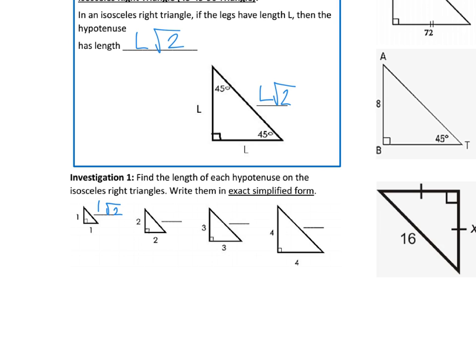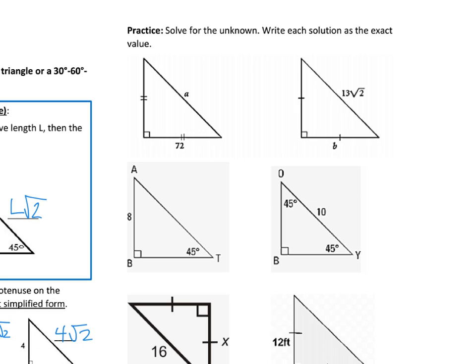All right, so then we would have 2 square root of 2, 3 square root of 2, and 4 square root of 2. Some practice problems here. Solve for the unknown. Write each solution as the exact value. So looking at the first one, we have the 90-degree angle, which means this is 45 and this is 45 because it's an isosceles triangle, so those two angles are congruent.